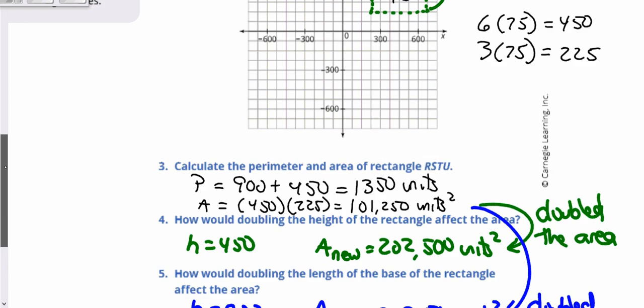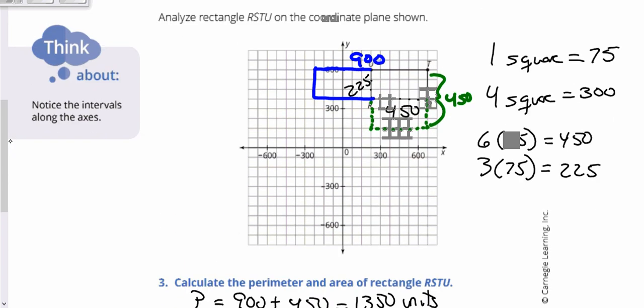What do you think would happen if we ended up doubling both the base and the height? Well, you can kind of visualize it. It's going to be 1, 2, 3, 4 times as big. So just keep that in mind. If you only double one of the dimensions, then the area doubles.